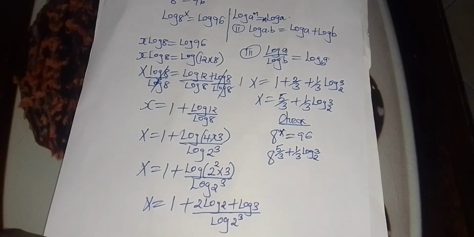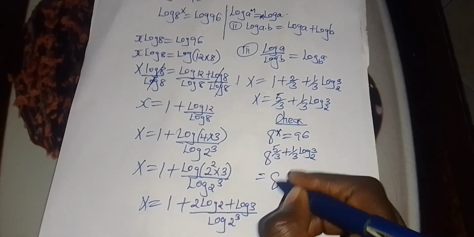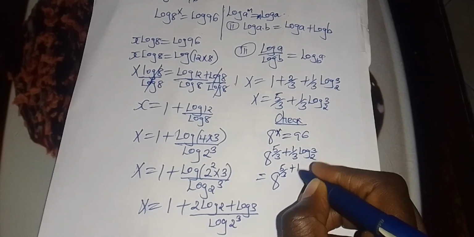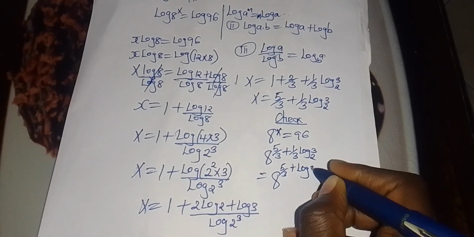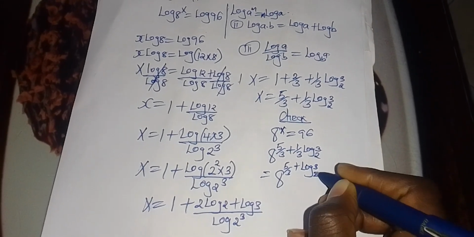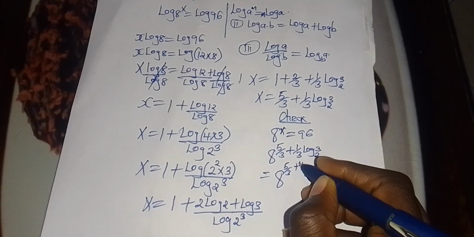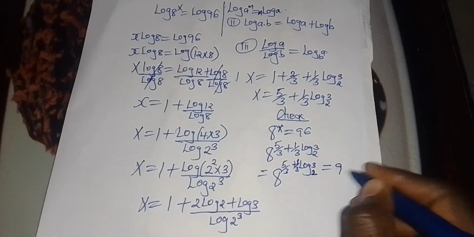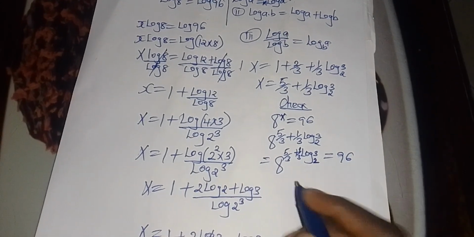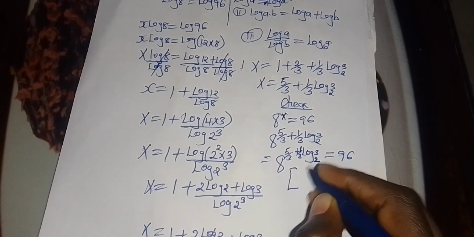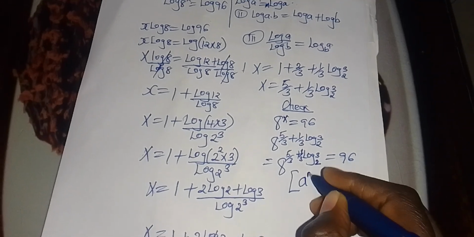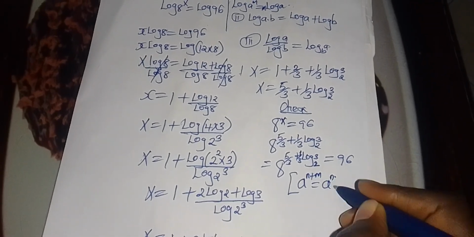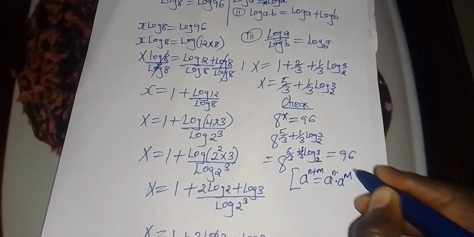Now we can express this further as 8 raised to the power 5 over 3 plus a third log 3 to base 2. This is supposed to give us 96, okay? So applying the rules of indices, that a raised to the power n plus m can be transformed as a raised to the power n multiplying by a raised to the power m.